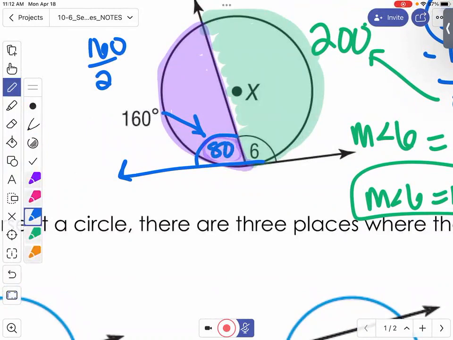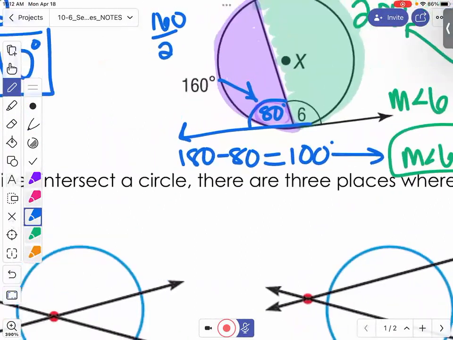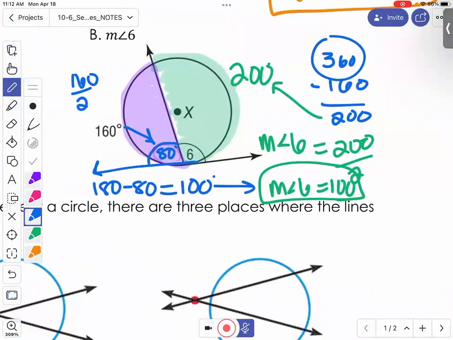And then my 80 degrees and my angle 6 are a linear pair. And then I could do 180 minus 80, and I get the same 100 degrees. So it just depends on which way you happen to see first. But again, there are in fact 2 ways that we can solve this.